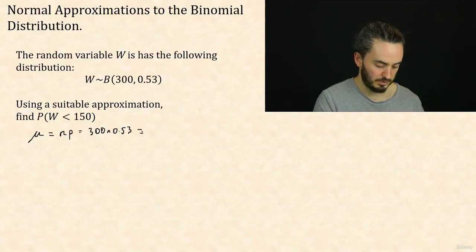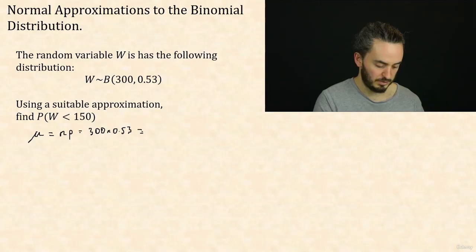If it's less than 150, then we only want 149 and all the ones to the left. Now, where am I cutting through? Well, 149 is in the middle of the 149 bar, so I need to nudge up to 149.5.